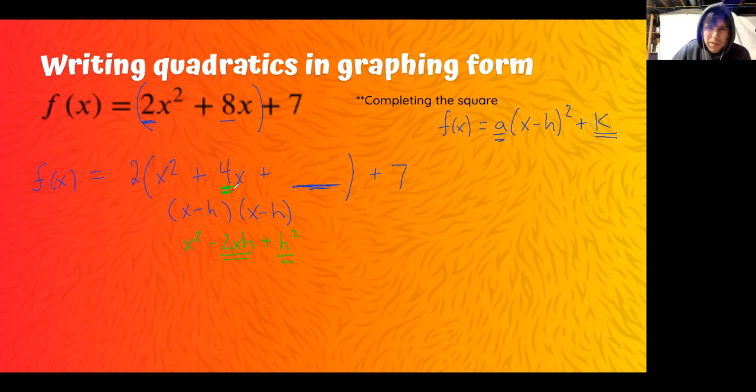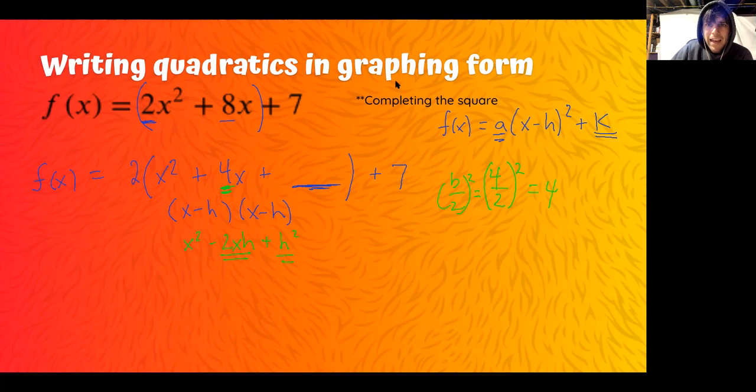So the way we do it is we take this middle term and divide it by 2, just the coefficient, so 4. We always do b over 2 squared. So that's going to be 4 over 2 squared. So 4 divided by 2 is 2, squared is 4.